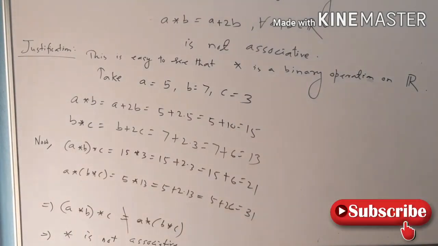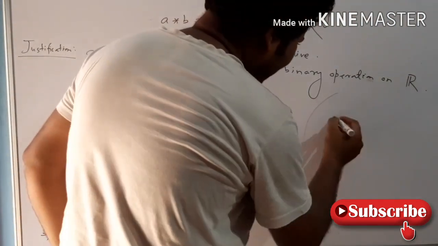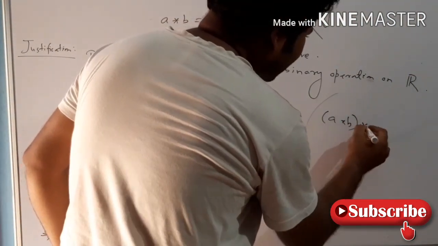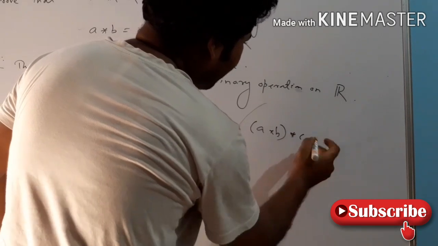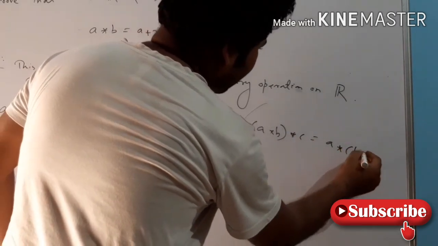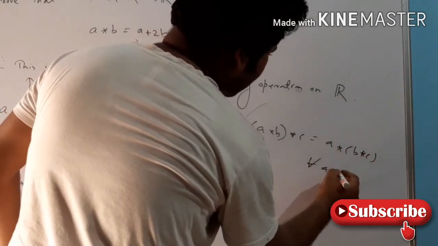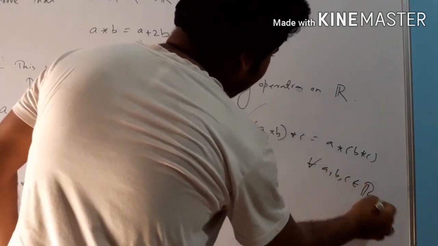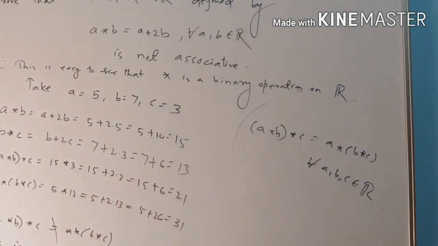So the associative law is something like that: (A star B) star C equal to A star (B star C), and this is true for all A, B, C belongs to R. But this is not associative.